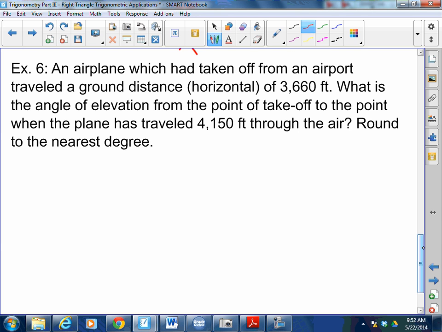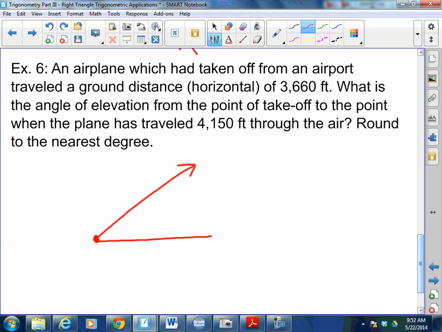So you had this plane, and it took off from an airport and traveled a ground distance of 3,660 feet. So basically, the plane took off, right? But as it's taking off, it's going a horizontal distance as well, correct?